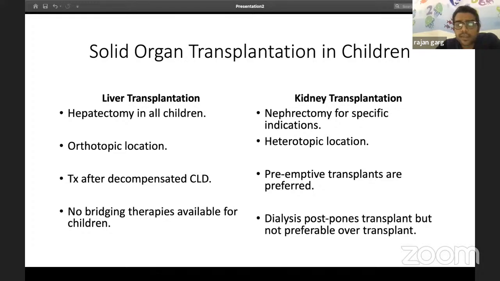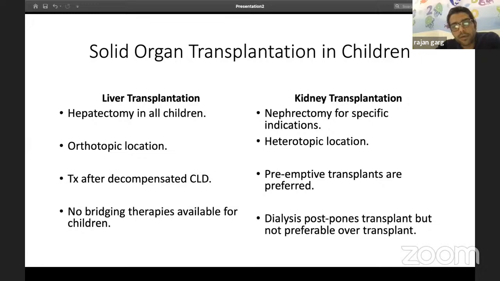The second thing is the patient will develop portal hypertension, and this will be reflected as ascites. This is again one of the signs of decompensation. Again, because of progressive cirrhosis, the patient will have a decreased flow of the portal vein through the liver, which will be reflected in varices. So these are all the signs of decompensated CLD.